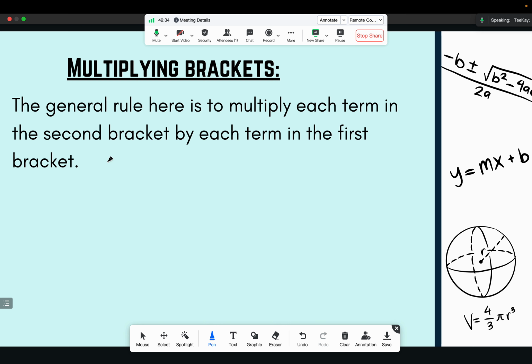Let's say now we have 3x minus 2, and we have 3x plus 2. Okay. First, like always, we use the way we always do, multiply these two.